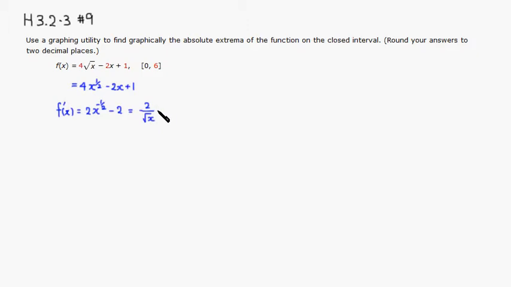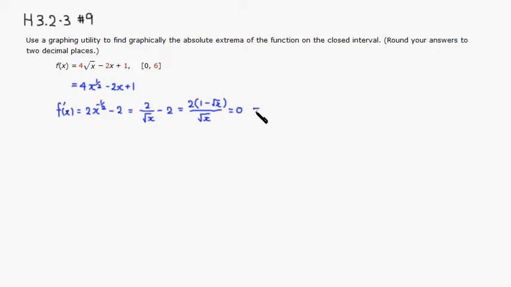minus 2. Take the common denominator, and the 2 is factored out, so we have 1 minus square root of x over square root of x, and set that equal to 0.